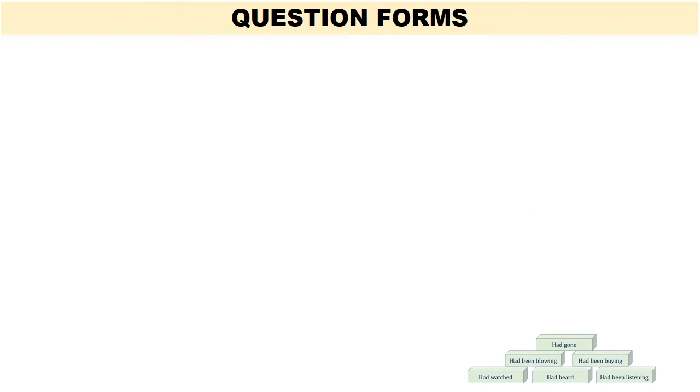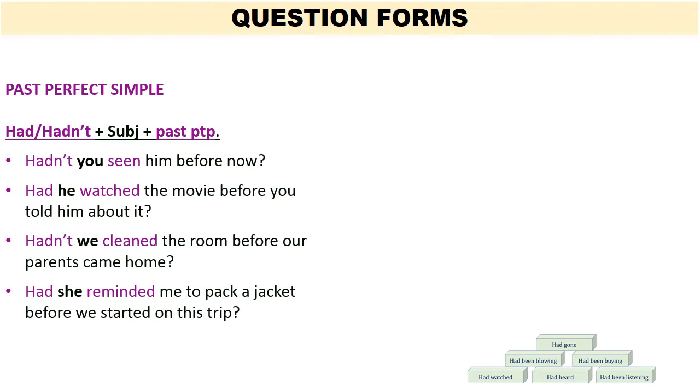Let's move on to the question forms. With the past perfect simple tense, we use had or hadn't plus the subject plus the past participle form of the main verb again. Let's look at some examples.